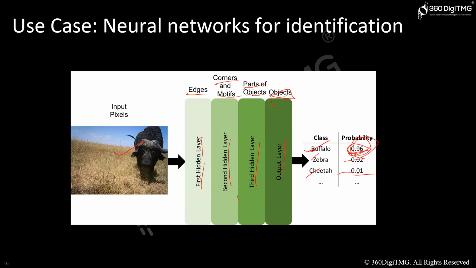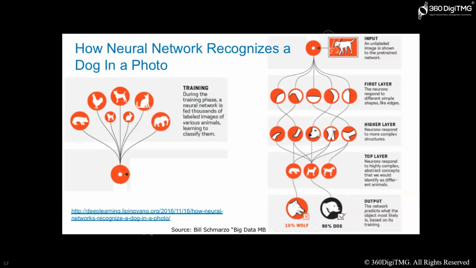So exactly how does a neural network recognize a dog in a photo? During the training phase, a neural network is fed thousands of labeled images of various animals, learning to classify them. When a neural network has to learn the difference between similar animals, as you observed, a dog has 4 legs, a tail, as do many other animals. So what's the difference between that animal and this animal?